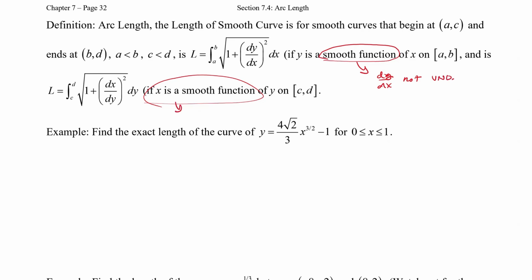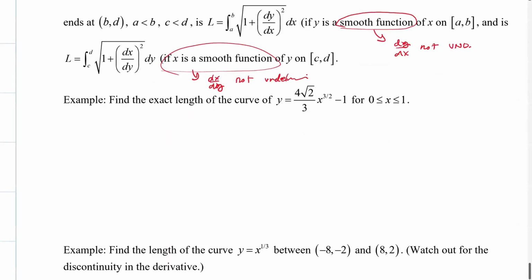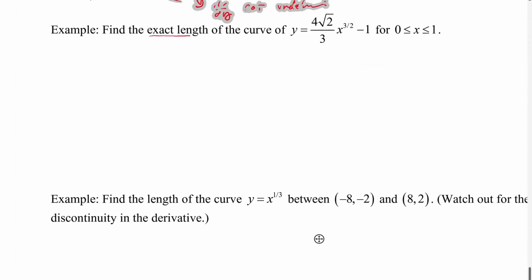And in this case, it means that dx dy is not undefined. It means a little bit more than that, but we're really not going to get into more of the detail. You're going to see in the practice problems situations where they ask you to get an exact length. Let me just tell you right now, most of the integrals created by the arc length formula are not doable by hand.